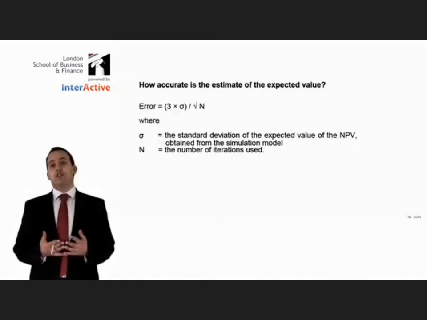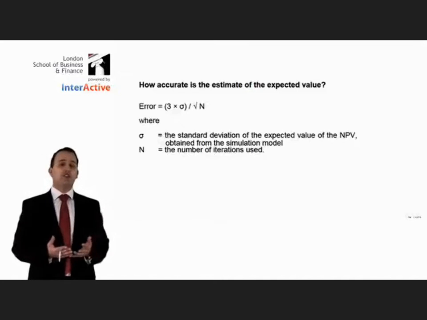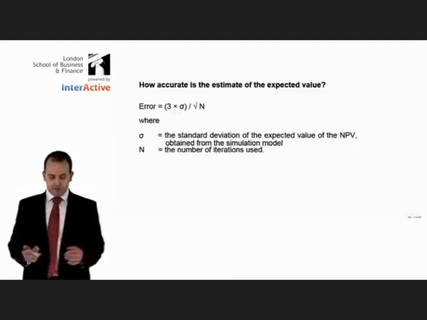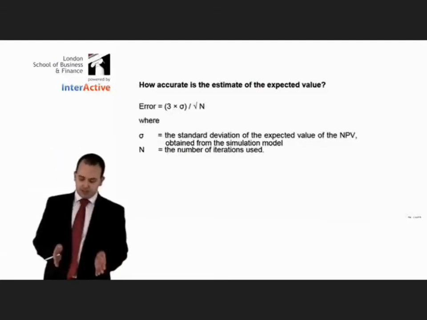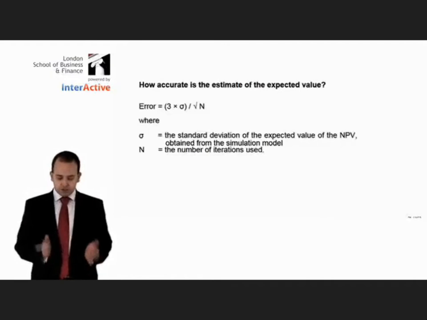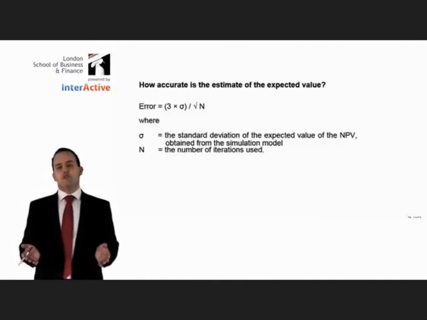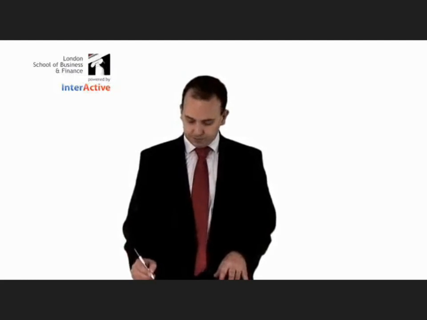And one of the things that we could look at to work out the accuracy of this is something called the standard error. Now, the formula for this is 3 multiplied by the standard deviation divided by the square root of the number of iterations. So a relatively straightforward calculation, and it's best to explain what's going on with some simple numbers.